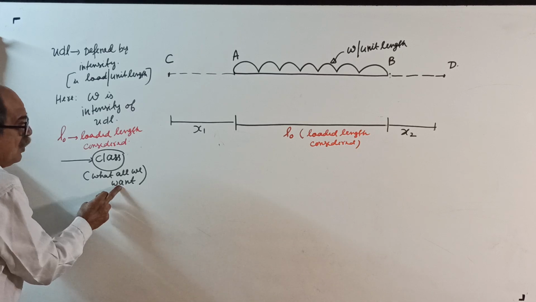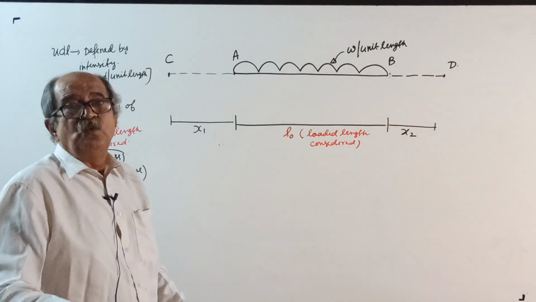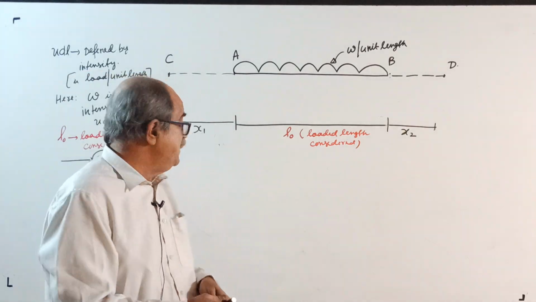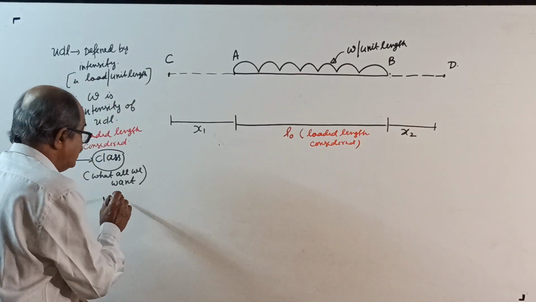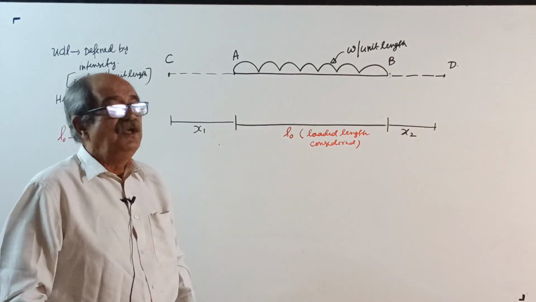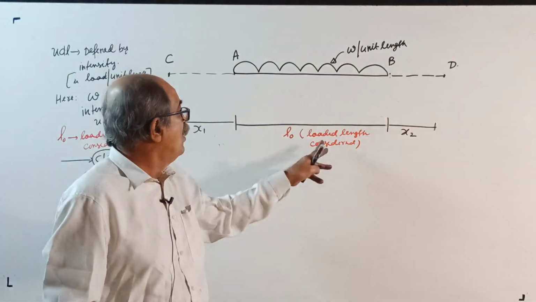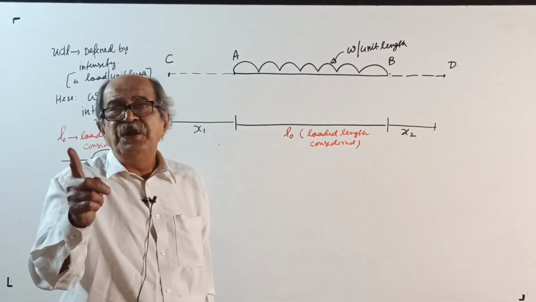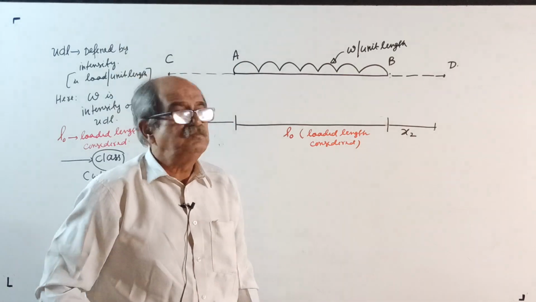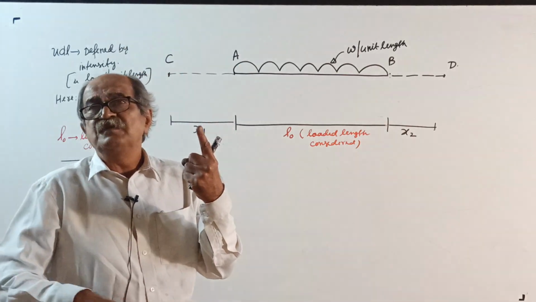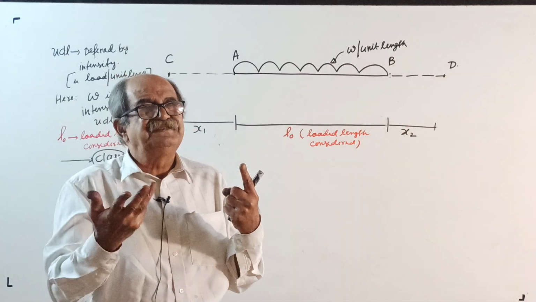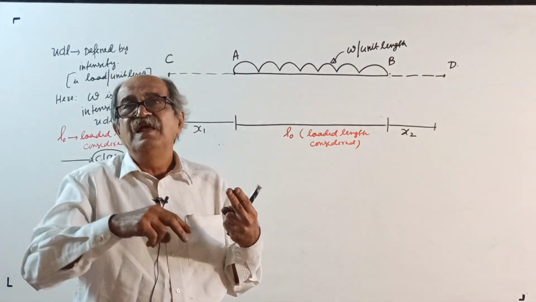Class, what all do we want? Right, we want, you should write it. I am telling here, you should write it. We want, considering the entire loaded length L0, magnitude of total load, 1. Second one, direction, crystal clear, 2. 3.